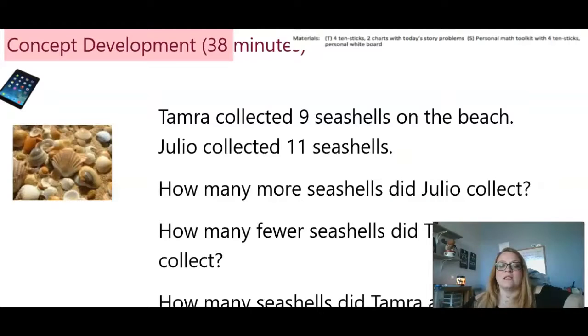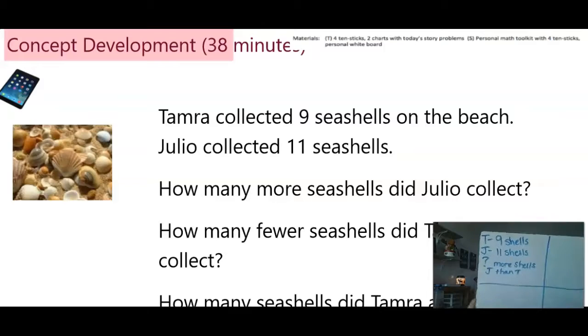So let's go with this first sentence right here. How many more shells, so how many gives me a question mark, more shells did Julio get than Tamara? Okay, so there's all of our important information.